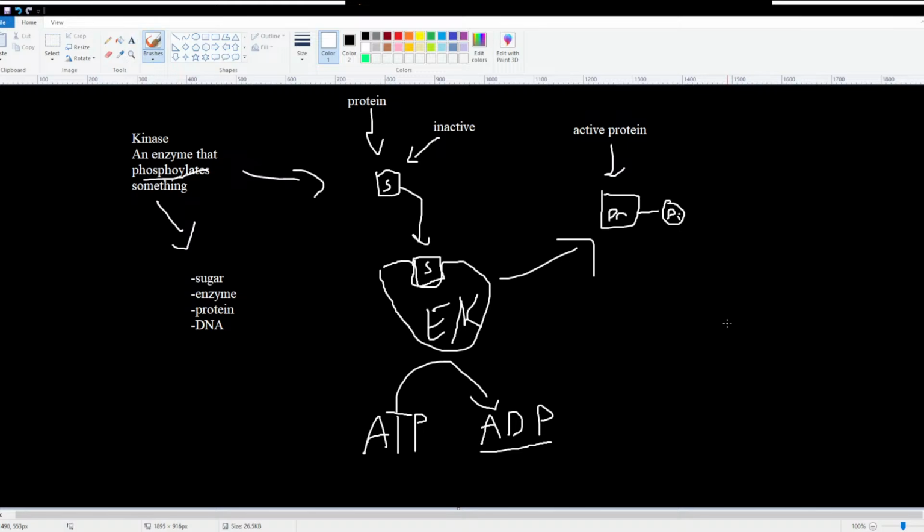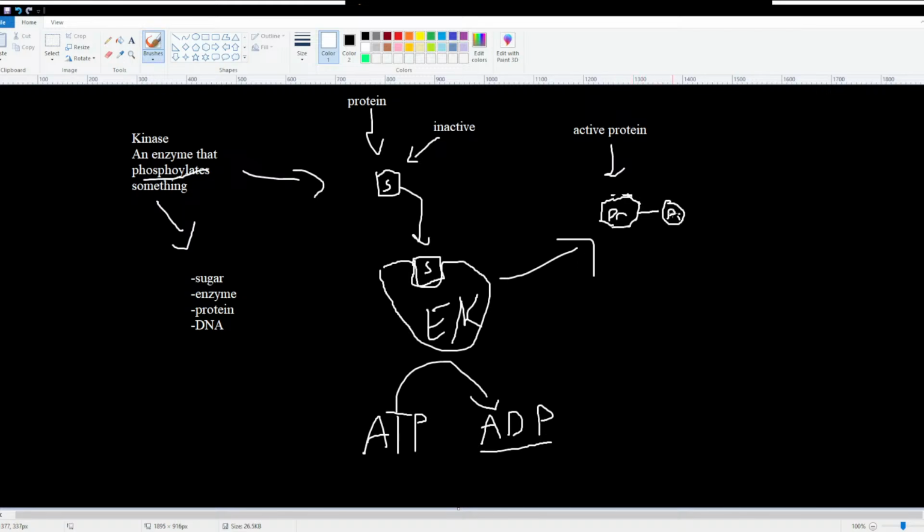The addition of this phosphate group has actually changed the shape. So let's make it like a diamond, or an octagon. Let's make an octagon.